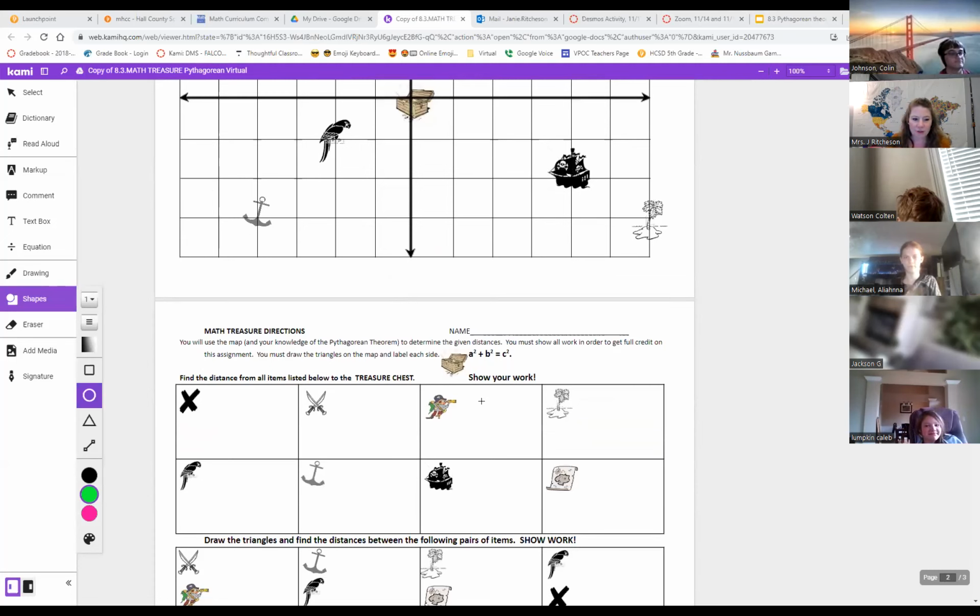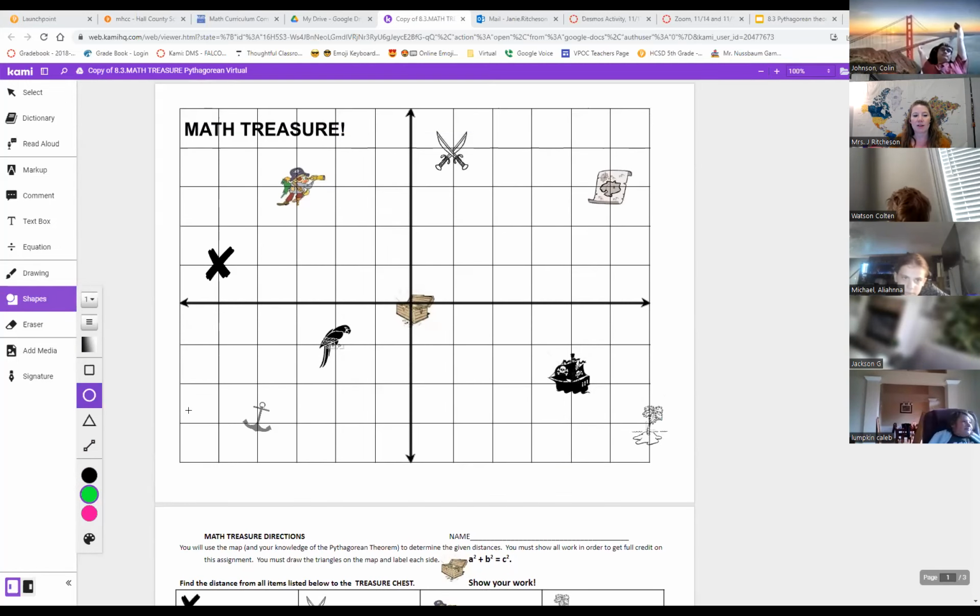All right, so what you're going to do is you're going to use your Kami tools and you're going to create right triangles between the treasure box right here. You got to read the directions when you open the assignment and each of these pictures. So we're going to see what is the distance from the treasure box to the X. So I'm going to come up here. Here's the X. Here's the treasure.